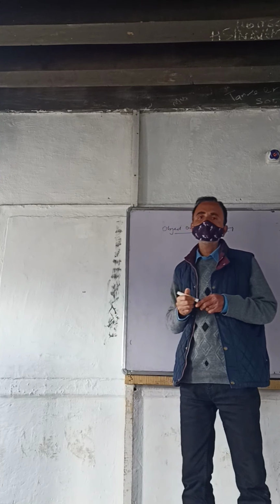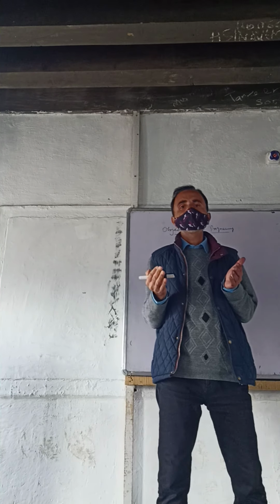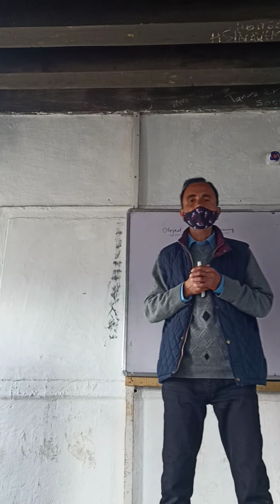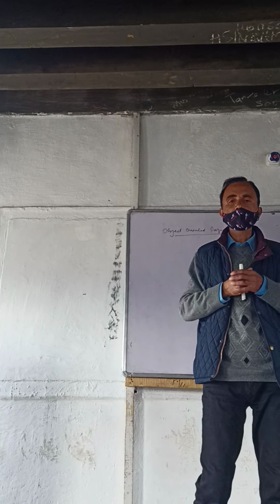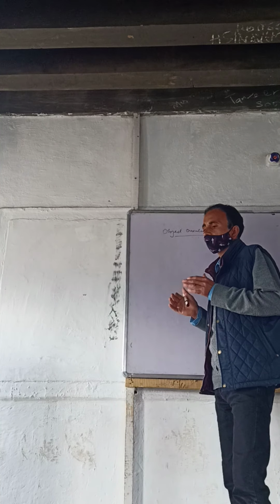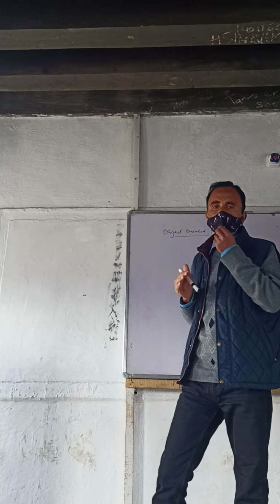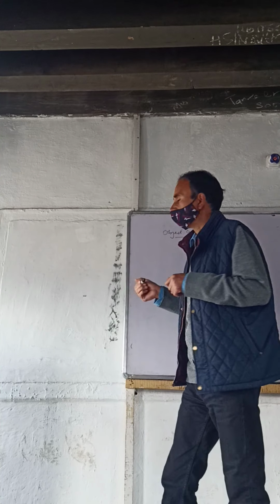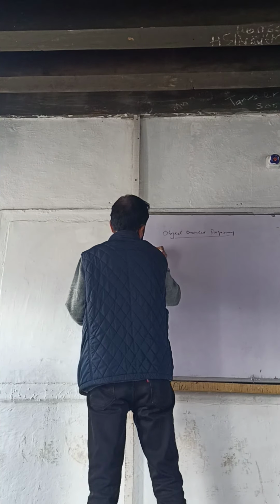As we have already learned about object-oriented programming in 12th class, there are four features of object-oriented programming. The first one is abstraction.